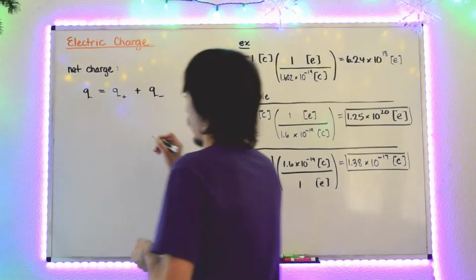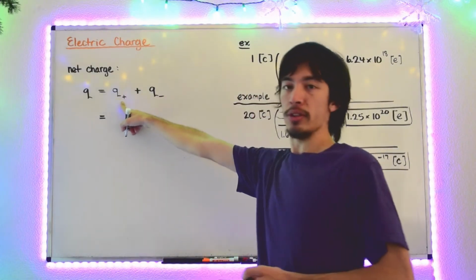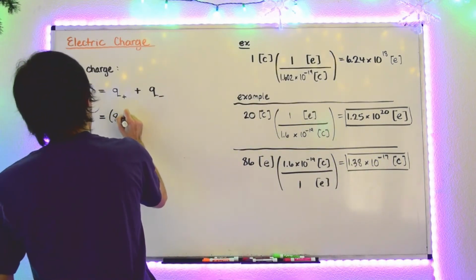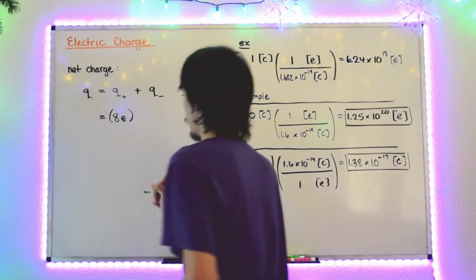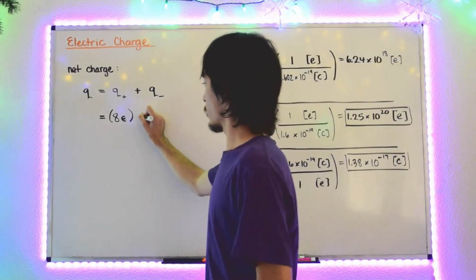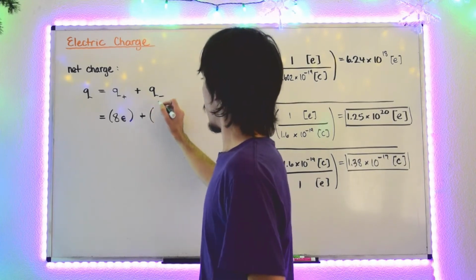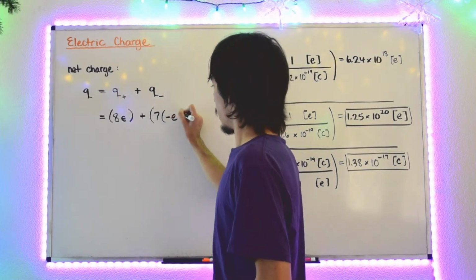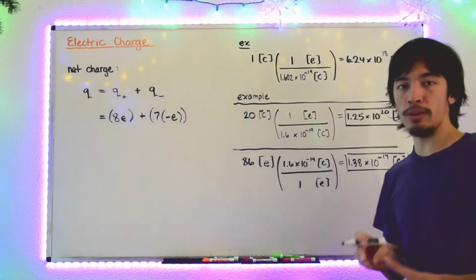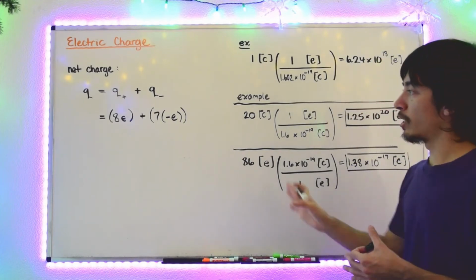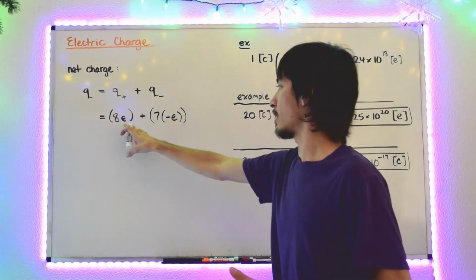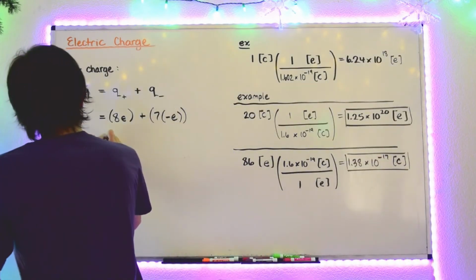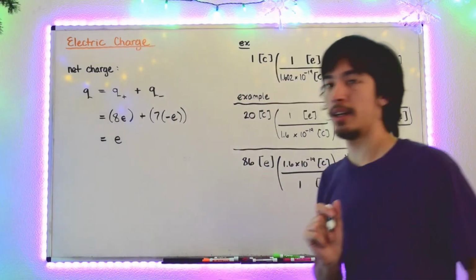Now, we could say that for the charge of the protons, we have 8 times the value of E. And for the electrons, we know we have 7 of them in this case, so 7 times, but it's not E, it's negative E, because we know that we have negative charges with that. So the charges will ultimately end up subtracting from each other. So we have 8E minus 7E, and that gives us just an overall charge of E.